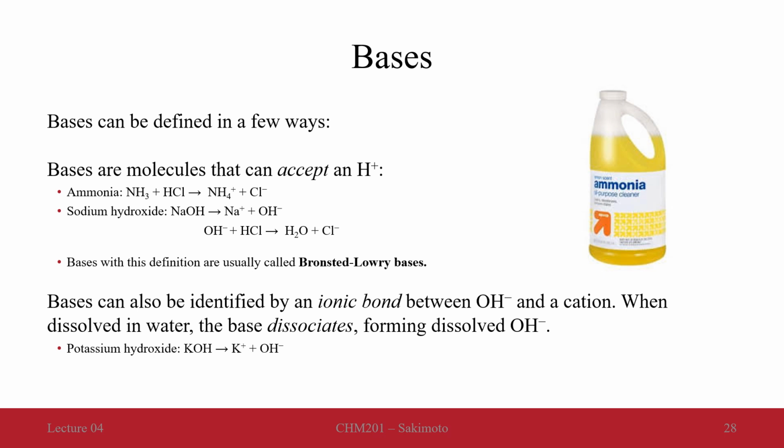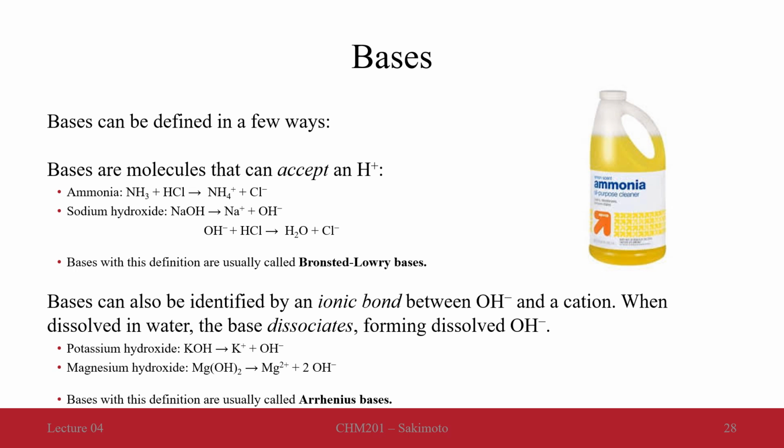So something like KOH, potassium hydroxide, splits apart into K+ and OH-, just like NaOH splits up into Na+ and OH-. Magnesium hydroxide similarly produces two OH- by splitting apart this ionic bond, also a base by this definition. And you may see this referred to as an Arrhenius base, or the Arrhenius definition of a base.